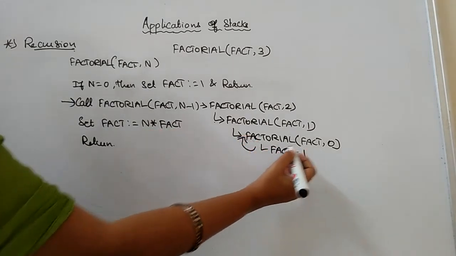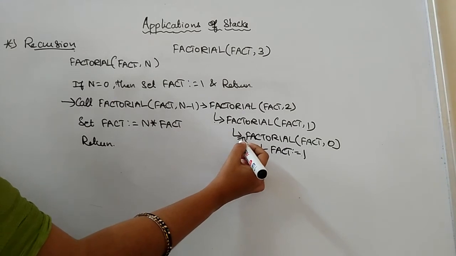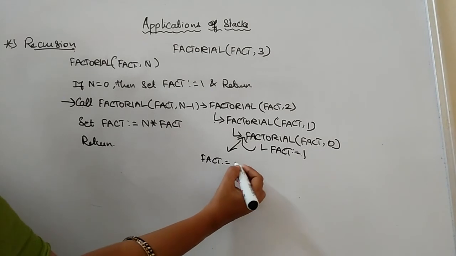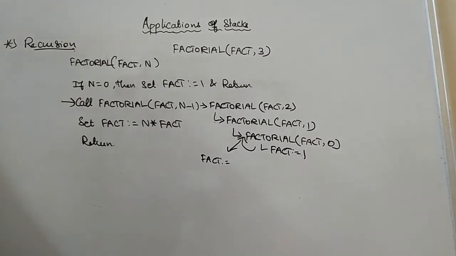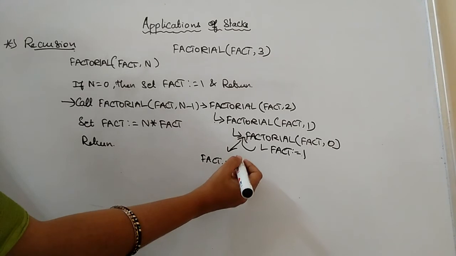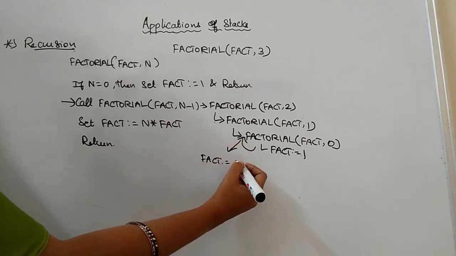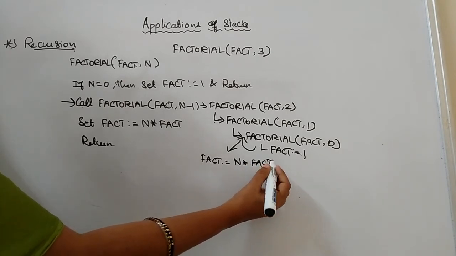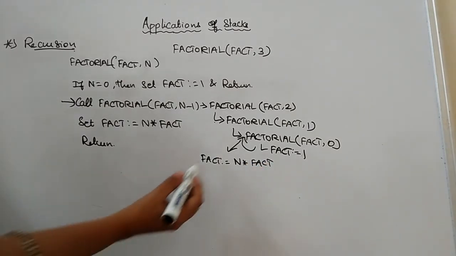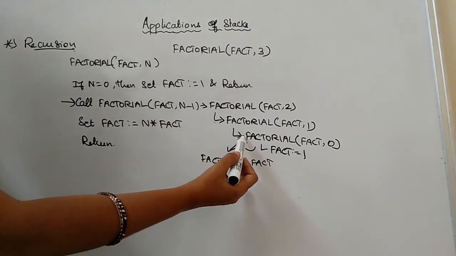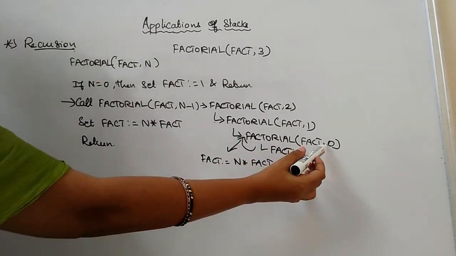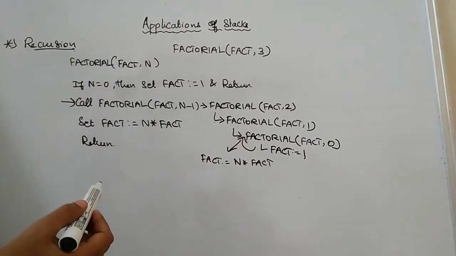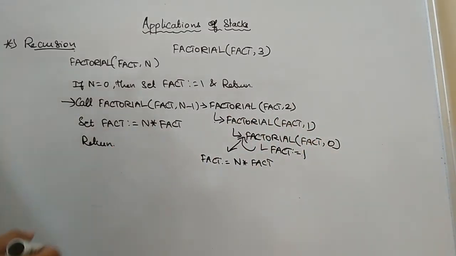So next to this one, it will calculate fact := n into fact. Consider this: factorial of fact comma 0 is called within factorial of fact comma 1.